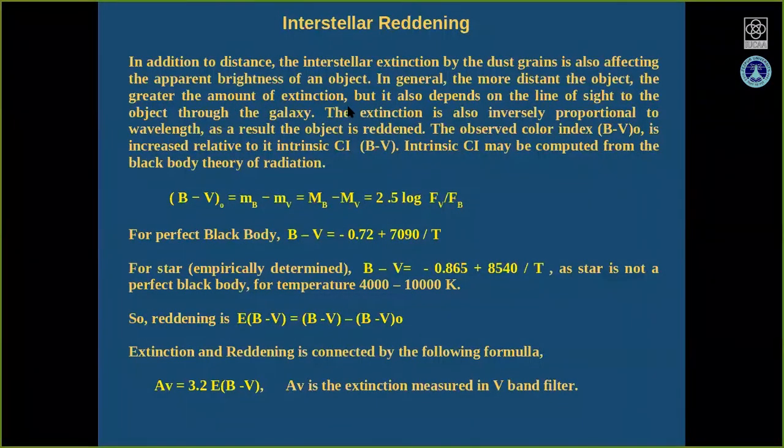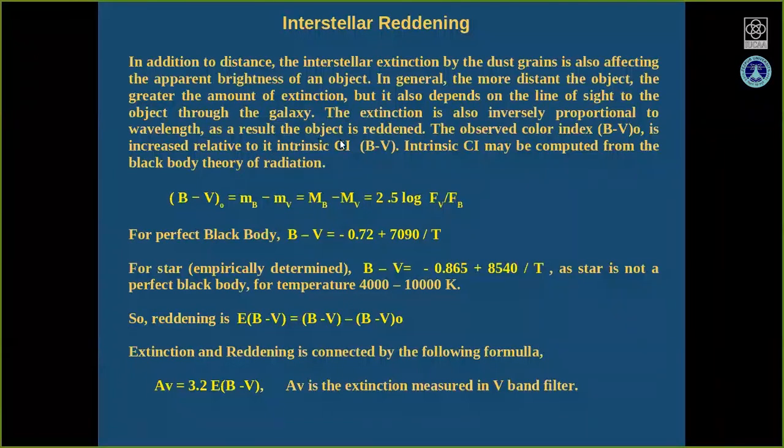Already we came to know that, in the case of Trumpler, if you increase the distance, then the size also increases. That means extinction also increases, because intensity is inversely proportional to distance. Extinction is also inversely proportional to the wavelength, right?